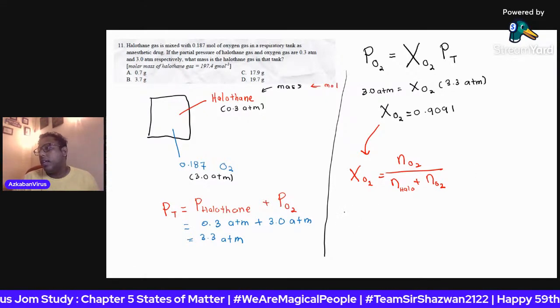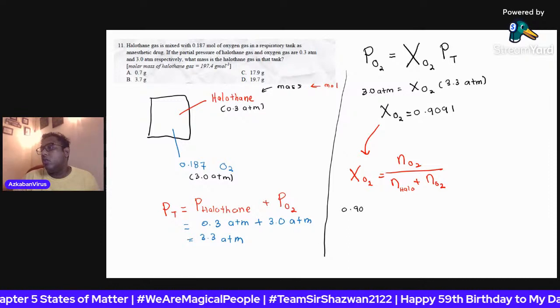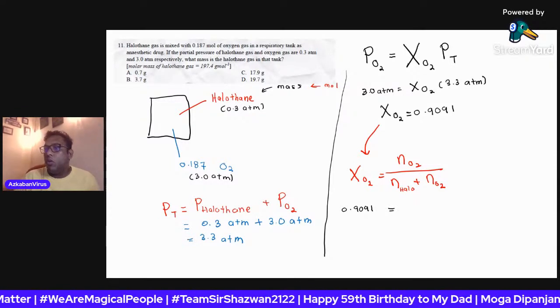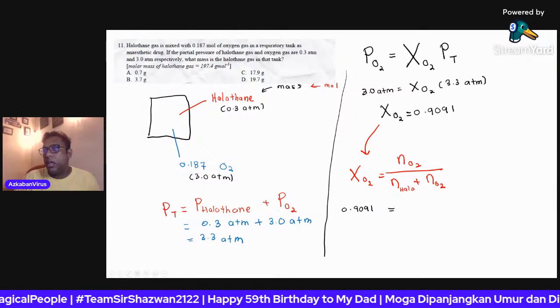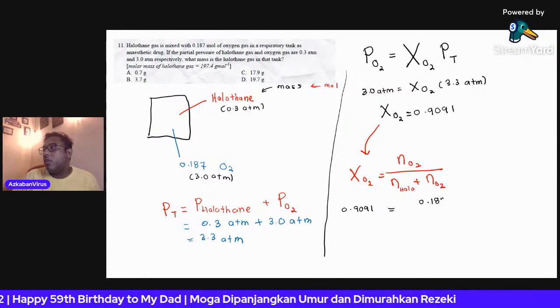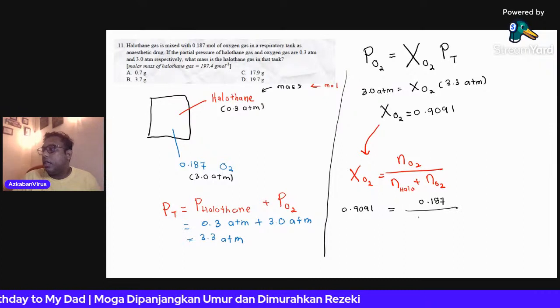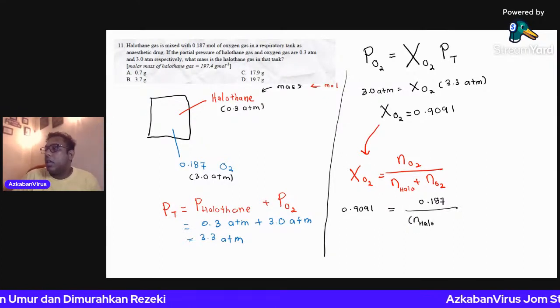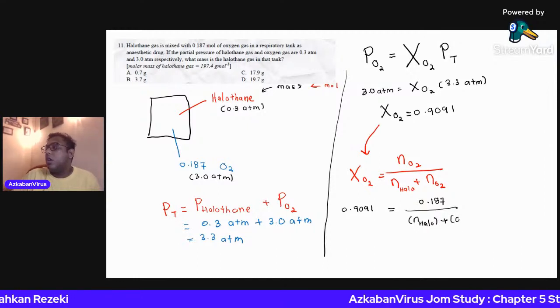So, kalau ini adalah 0.9091, mole O2 kita adalah 0.187, bahagi N halo kita nak cari tambah dengan 0.187.